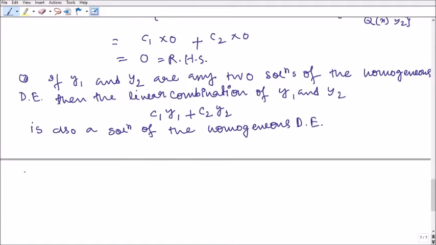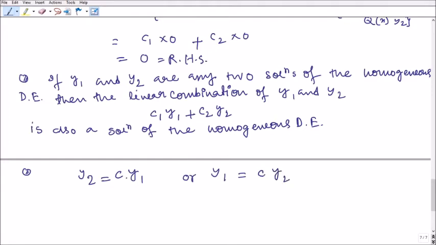Suppose y2 is written as y2 equal to c into y1, or y1 equal to c into y2.